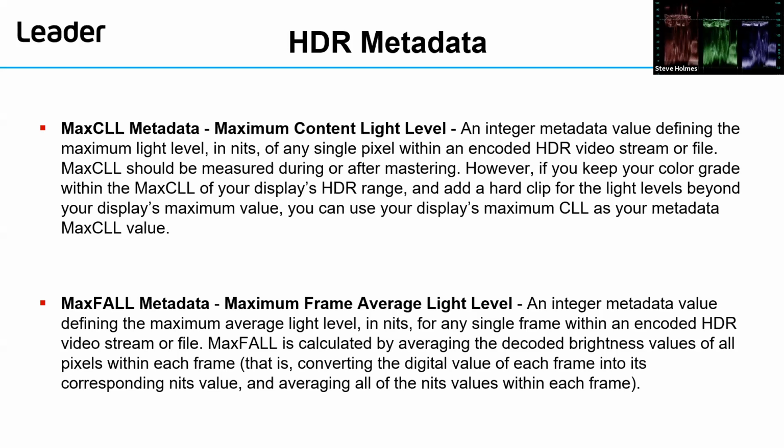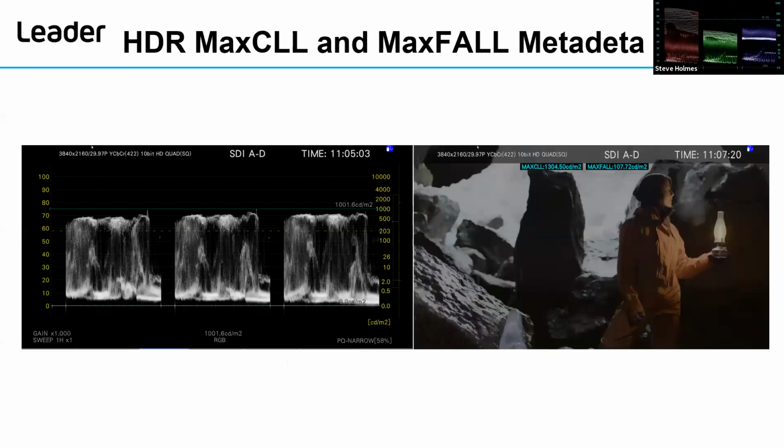The max fall is looking at the average frame light within a scene. Now, the average frame light, to me, is a lot more useful than the max CLL, because one of the problems with max CLL is a single pixel will trigger it.